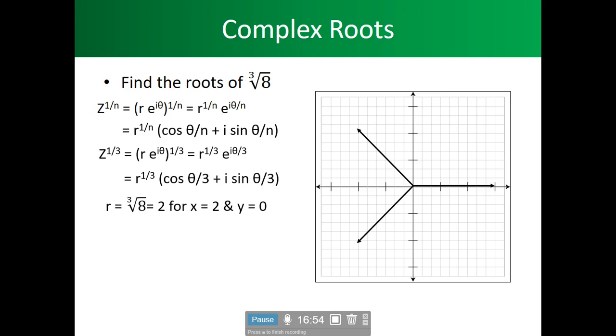Then we see that r is equal to the cube root of 8. And since r is equal to the cube root of 8, there's only one solution that's real. That means there have to be 2 others that are imaginary. And so that's what we've been able to find out.